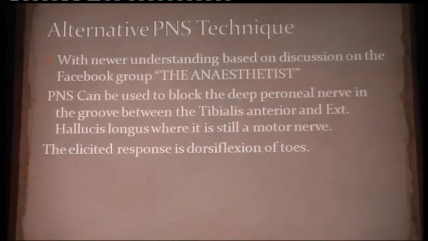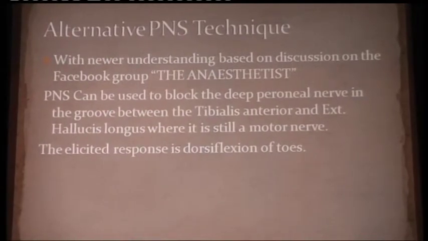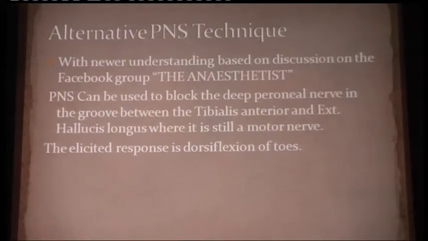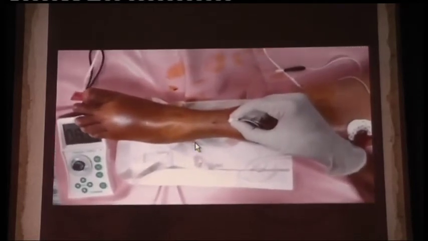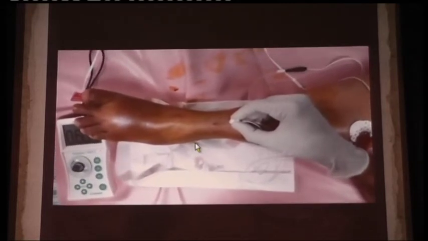With newer understanding based on discussion on the Facebook group, PNS can be used to block the deep peroneal nerve in the groove between the tibialis anterior and extensor hallucis, where it is still a motor nerve. The elicited response is dorsiflexion of the toes. There is one more better video.